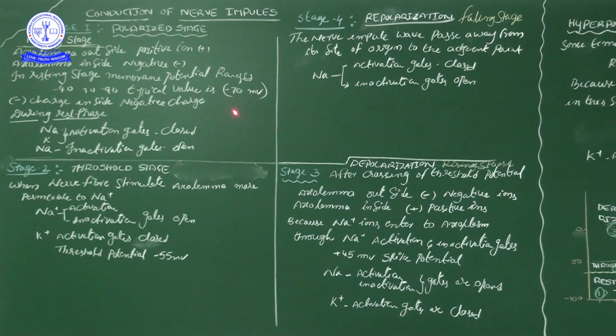The -70 will slowly decrease, coming to -50, -40, like that. So in the threshold stage, when the nerve impulse is stimulated, it is like when you sit in one place and the school bell rings, but you are in deep thinking, whether about something family related or a subject concept, whatever it is.